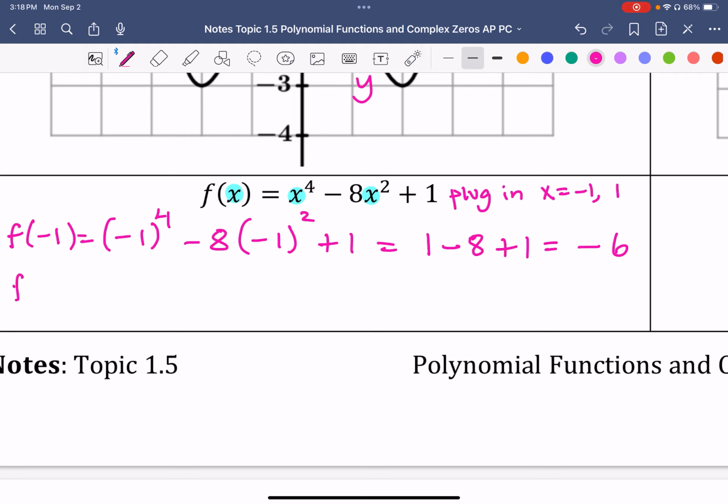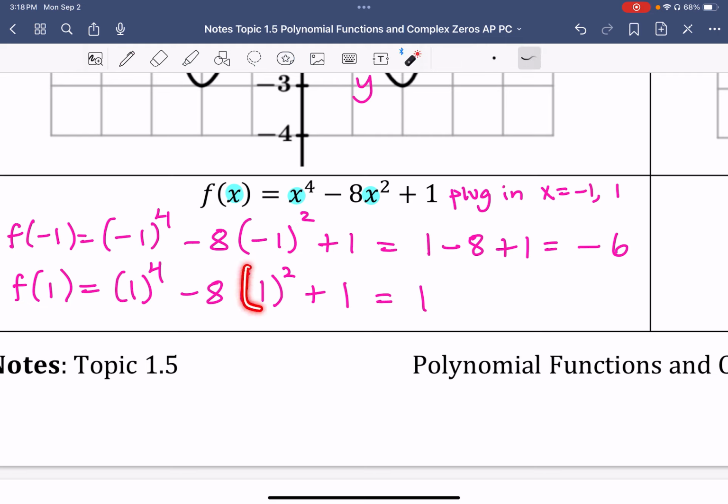Okay, now you're going to do the same thing, but now you're going to plug in a +1. So we have +1 to the power of 4 minus 8 times +1 squared plus 1. Okay, 1 to the power of 4 is 1. Remember, you're doing this part first. 1 squared is a +1, and -8 times 1 is -8, and then you got +1, which ends up being the same as what we had earlier, okay?